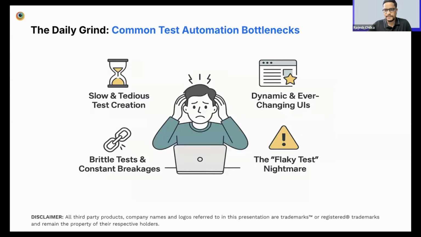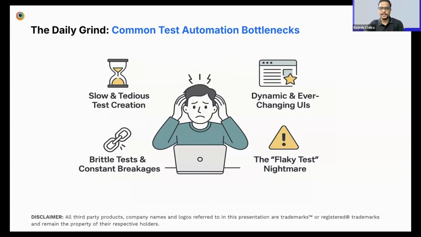It's incredibly frustrating to see when a small, minor UI change, something as simple as an attribute modification in the element or a position changed from one place to another, can cause an entire suite to fail. Right now, you eventually end up spending more time fixing your existing tests rather than automating newer ones.